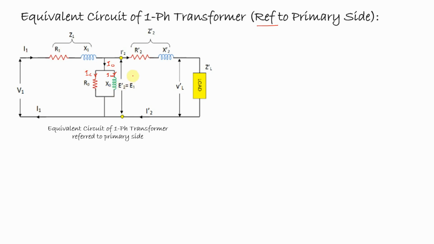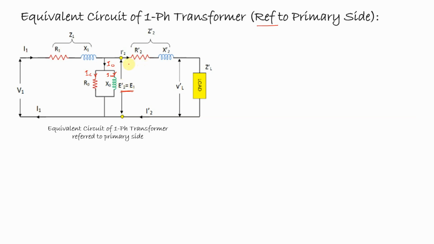Now we join the two circuits together. Therefore, the center part, the two coils, will now disappear. And here the EMF induced in the primary side will be equal to the EMF induced in the secondary side, so it can be represented as E1, and that is equal to E2 dash.